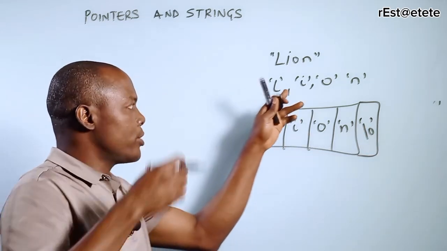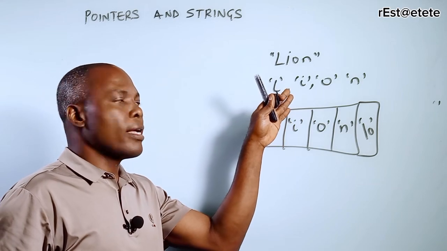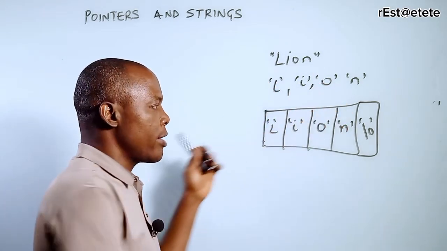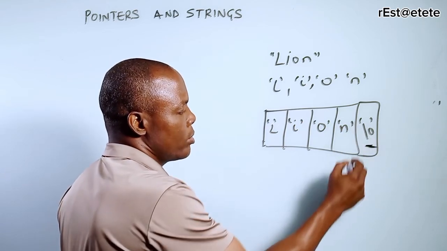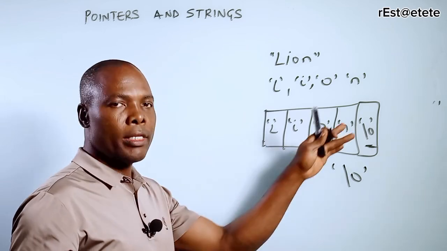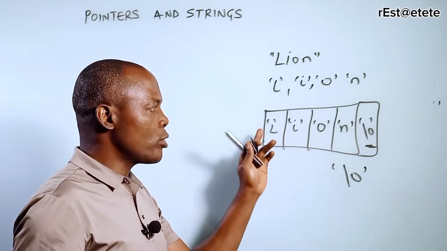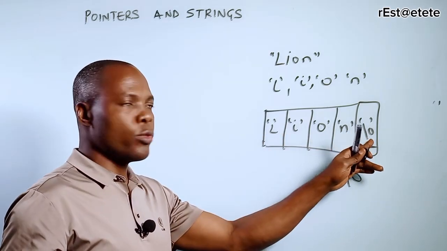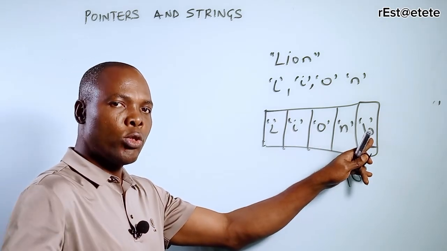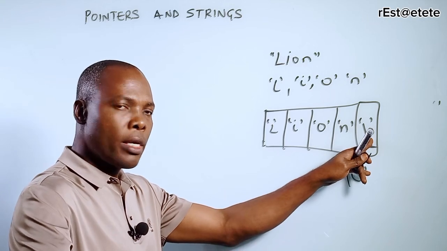So a string is an array of characters terminated by a null character represented by this. So this is the null character that is used to terminate a string. So the compiler is going to check. Once it gets to this place, that is the end. So if this does not exist, then it will read into the next memory.